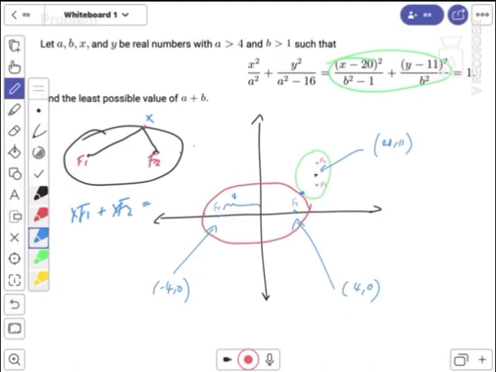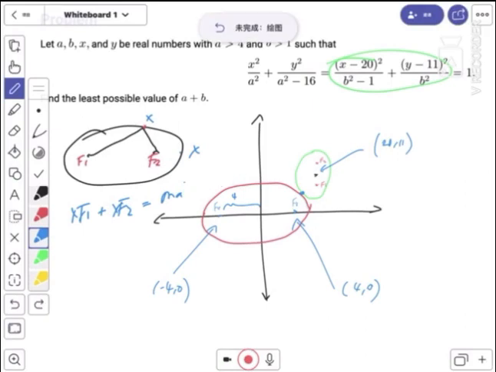And the total sum of distance is actually just going to be the length of the major axis.